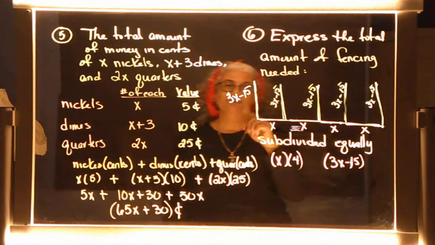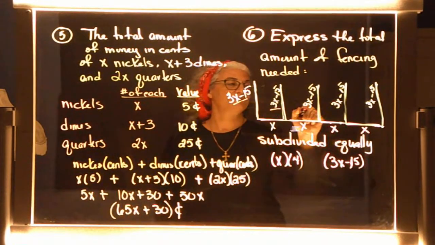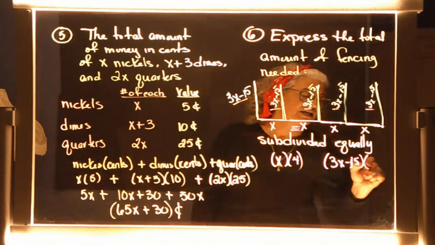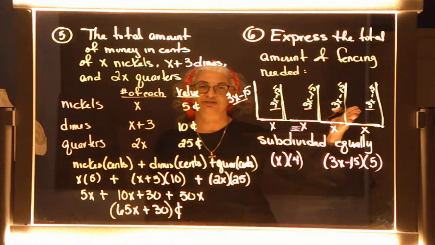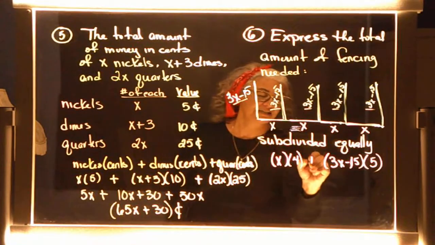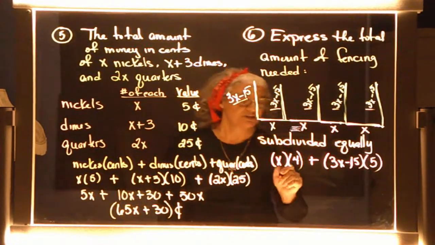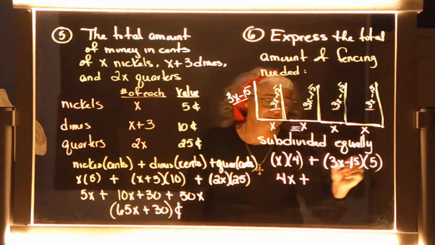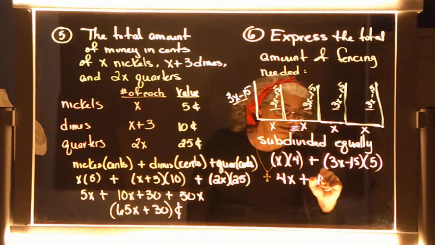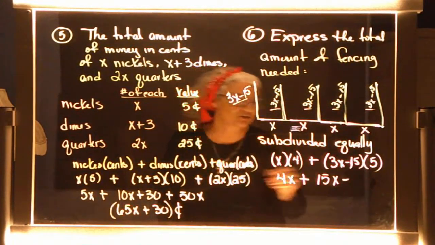And how many of those dimensions do I have? Yeah, I've got 1, 2, 3, 4, 5 of them. If I multiply by 5, wouldn't I have the total amount of that dimension? Good. And then I need to finally add them together because they want the total, right? So here is 4x plus, I've got a distribution problem, right? Good. That's 15x minus, stay off the calculators, good, 75.